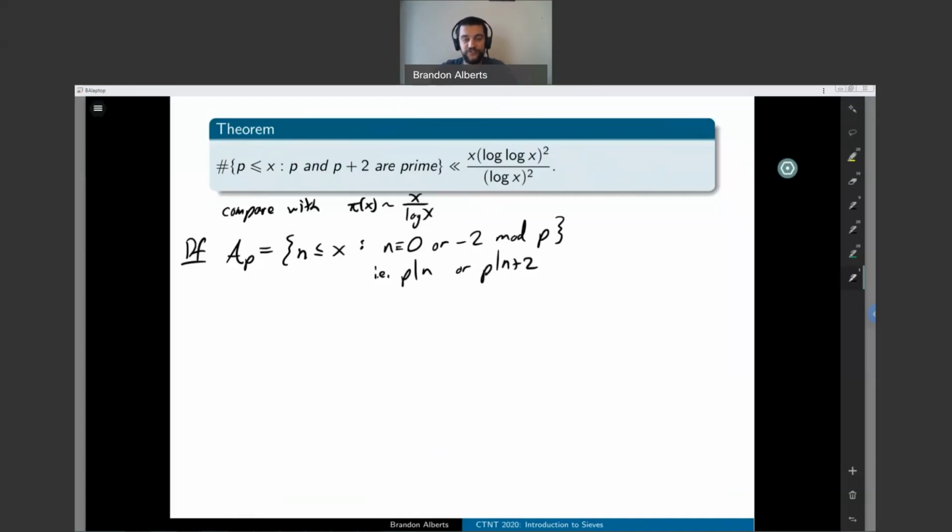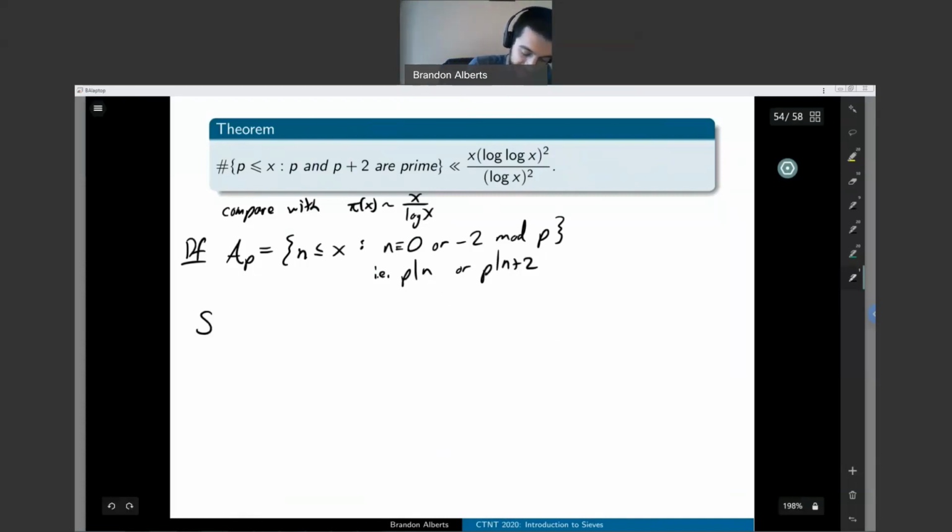So this way we're sieving out integers that are divisible by p, or when you add 2 to it, they're divisible by p. So if we remove all these bad sets, all that will be left are the integers n which are prime, and n plus 2 is also prime.